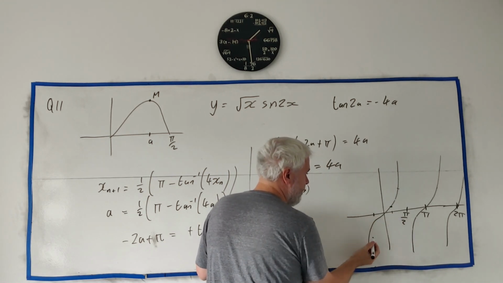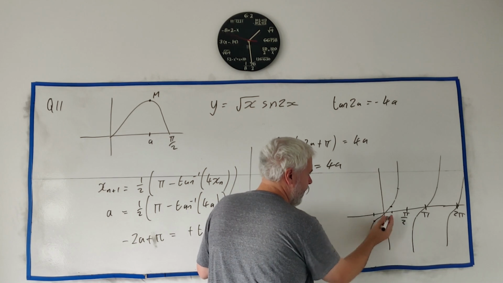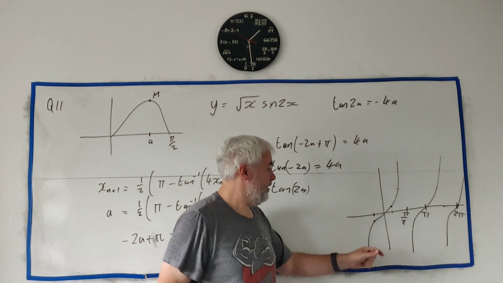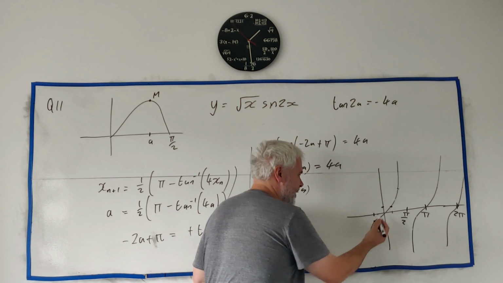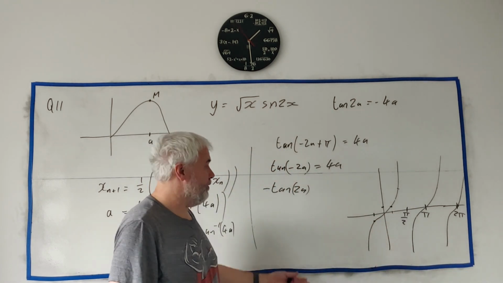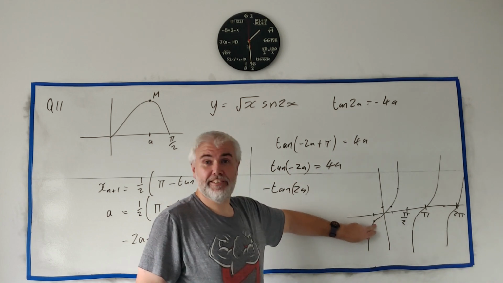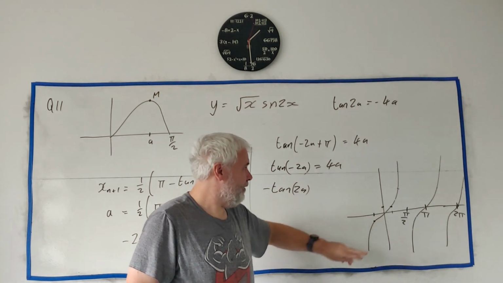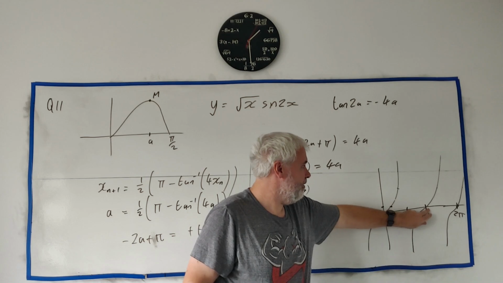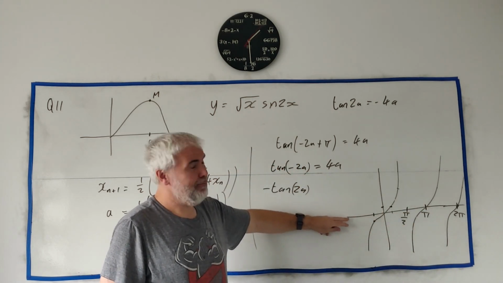If I put in minus pi over 6, I get a symmetrical answer. If I got plus, I don't know what the answer is there, let's say 1 over square root of 2. The answer down here is minus 1 over square root of 2. If I put in pi, I get 0. If I put in minus pi, I get minus 0.